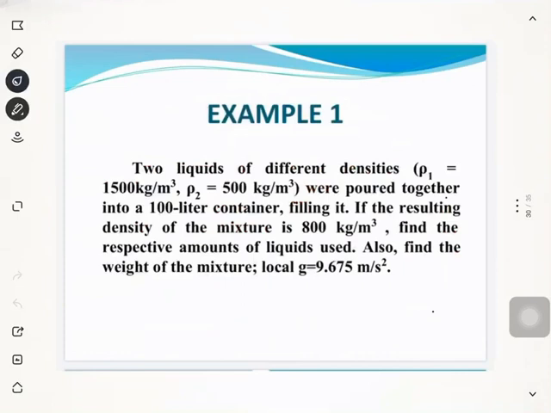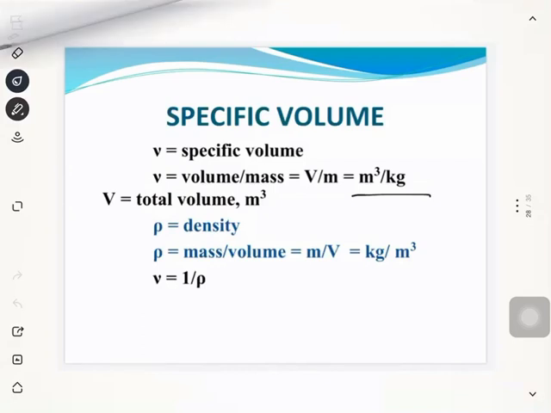Also, find the weight of the mixture given the local gravity of 9.675 meter per second squared. Try to solve this one.